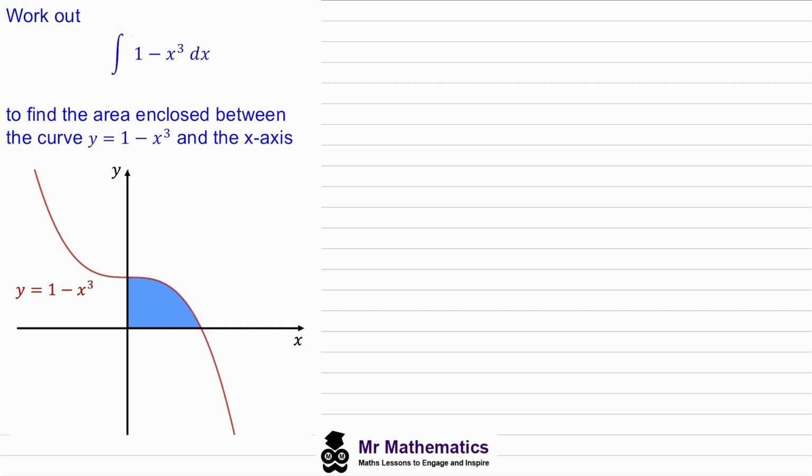Okay, so welcome back if you had a go. So we need to begin by finding the x value at this point. And this is where 1 minus x cubed will equal 0. So we can solve this equation. 1 will equal x cubed, so x will equal 1. So the area under the curve will be the integral between 0 to 1 of 1 minus x cubed dx.